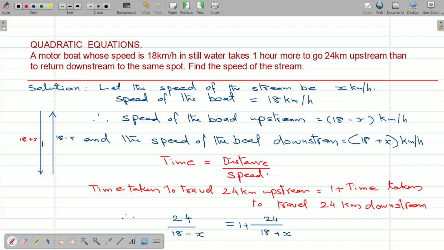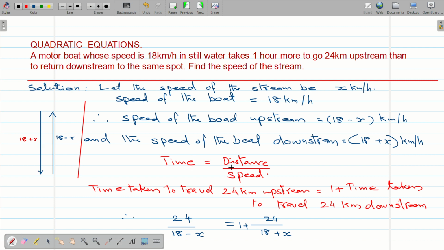Speed of the stream is added to it. You know that velocity is a vector quantity. When they are in opposite directions, it will be subtracted, and if they are acting in the same direction, it will be added up.